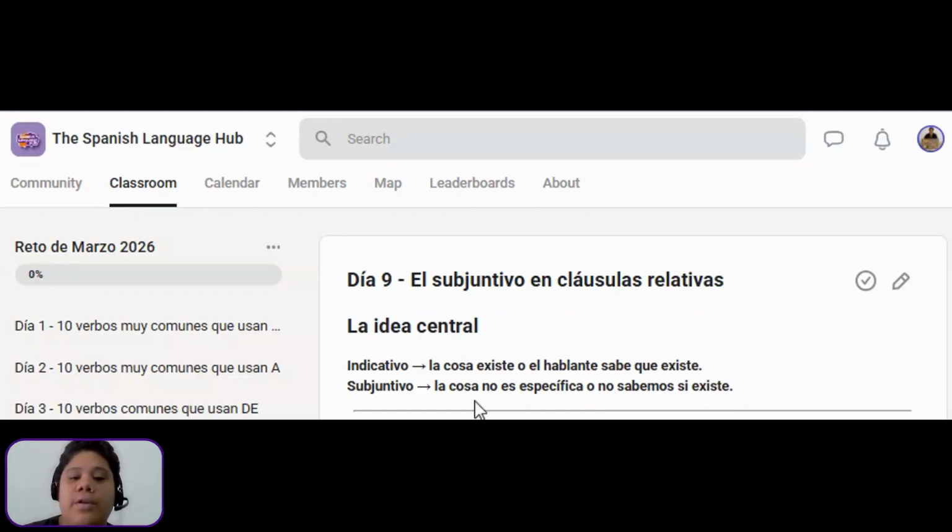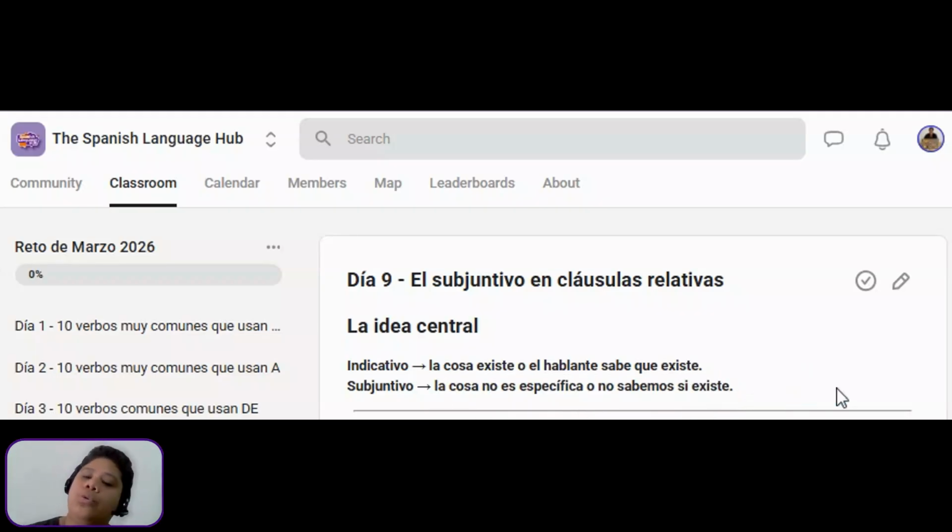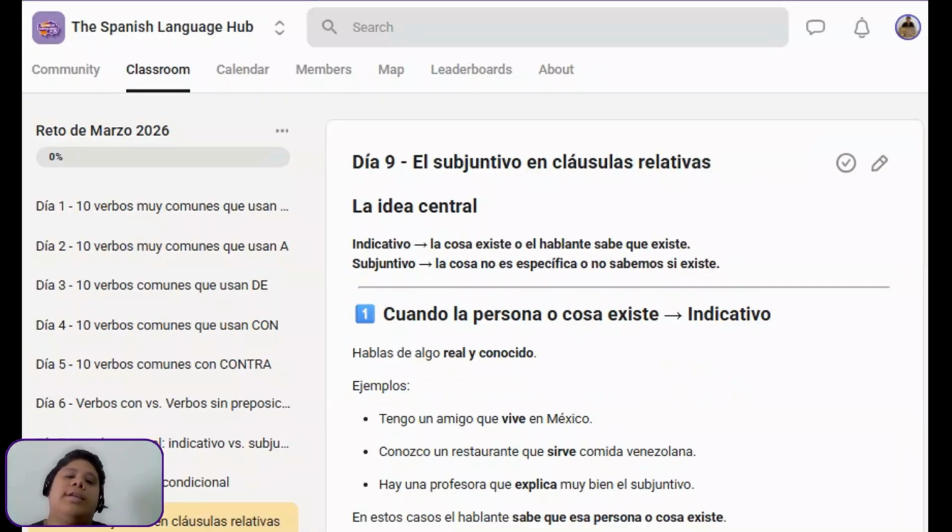And the subjunctive is used with things that are not specific, that we don't know or are not sure if they exist or not. So let's start with when we use the indicative, when we don't use the subjunctive: when the person or the thing exists. So we talk about something that is real and that is known.